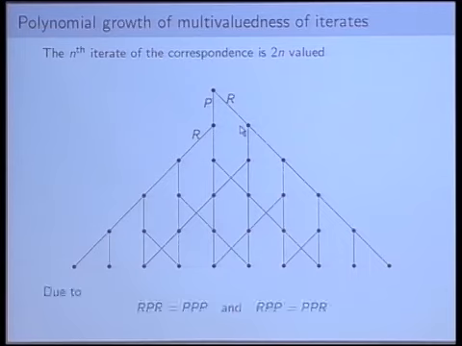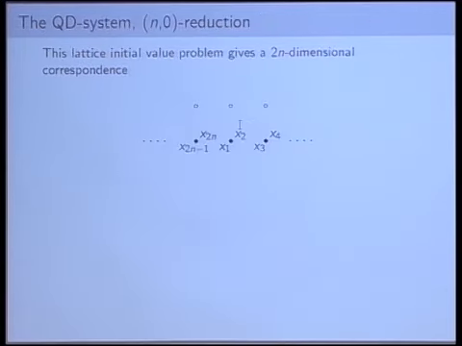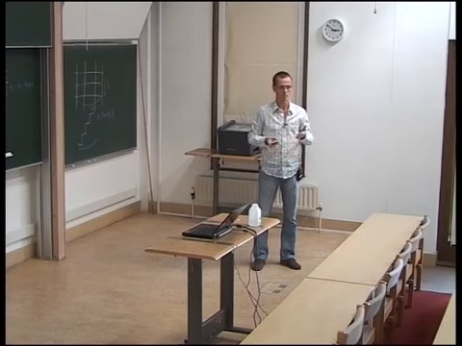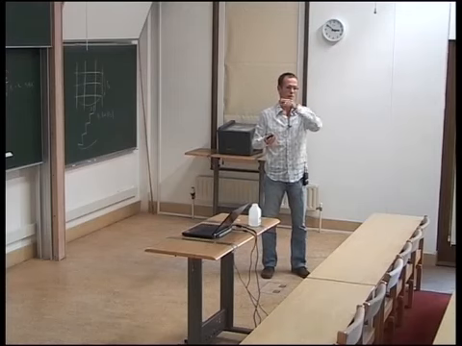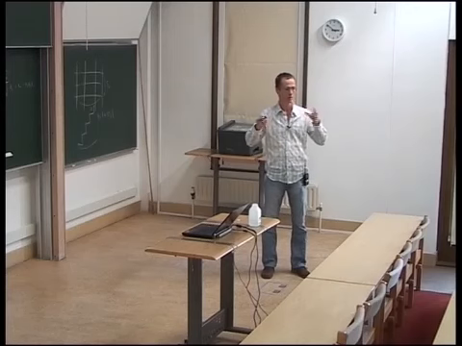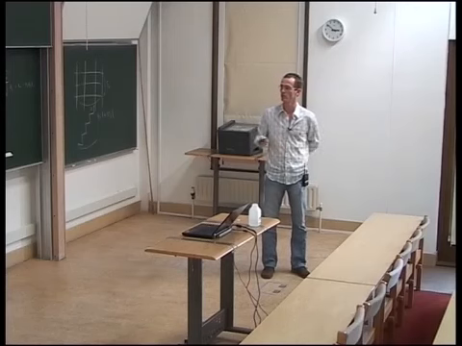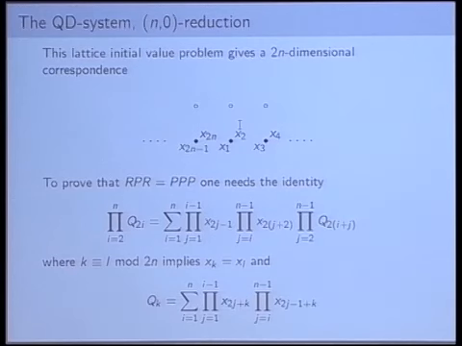So if you do this initial value problem where you have basically periodicity along an arbitrary distance, then you get exactly the same thing. A two-valued mapping, you get a permutation, you get some rational expression, which is a terrible expression, but you can find an explicit form for it in terms of these q's, these functions here.